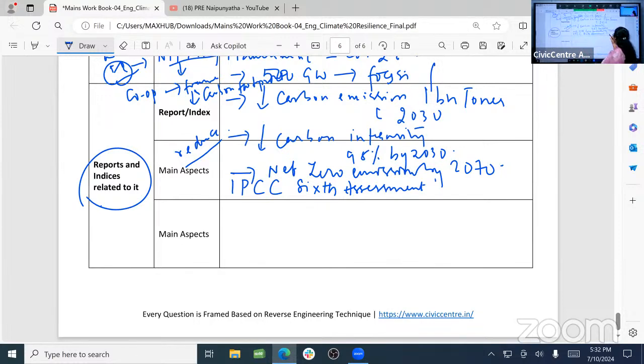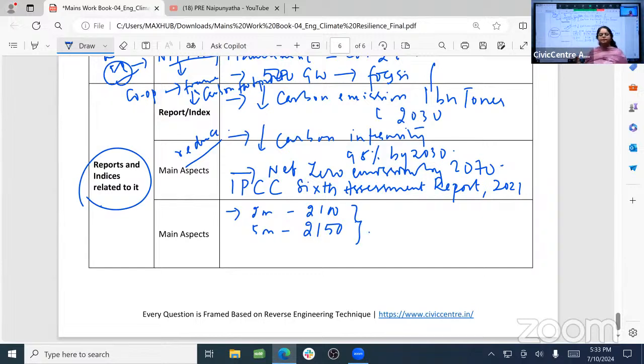The 6th Assessment Report was given in 2021. So as per the IPCC, what are the main findings? That the sea level rise is going to be 2 meters by the end of the century and 5 meters by 2150. This is not something that I am saying or some random people are saying. It is given in the report.